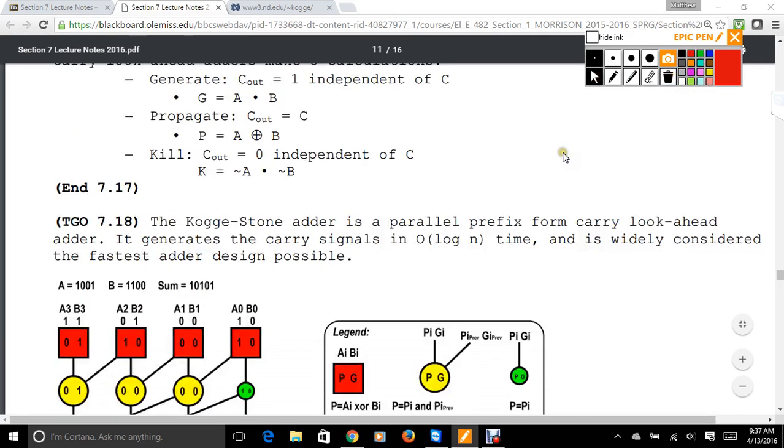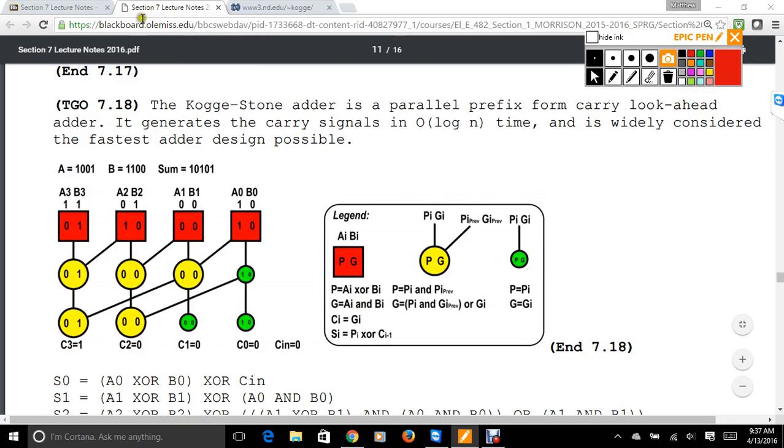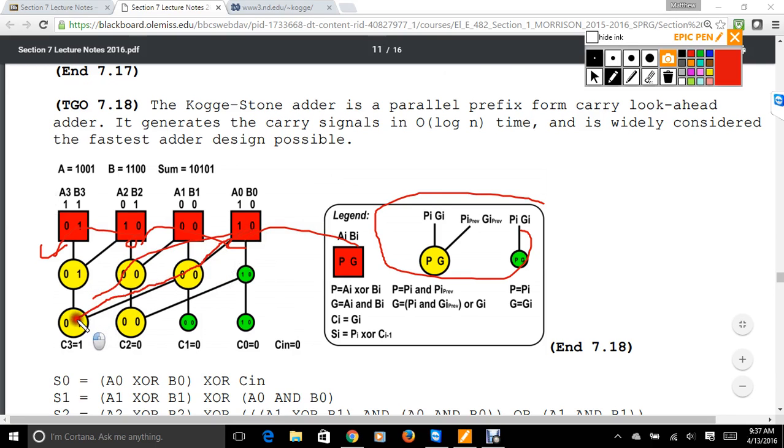Here we go. It's a parallel prefix form where we're taking these generate and propagate signals, right, and using them to predict, based on logarithms, what the carry signal should be. So that way, instead of having to wait until this is done, instead of relying on all 32, it may only rely on 5 if it's a 32-bit adder.